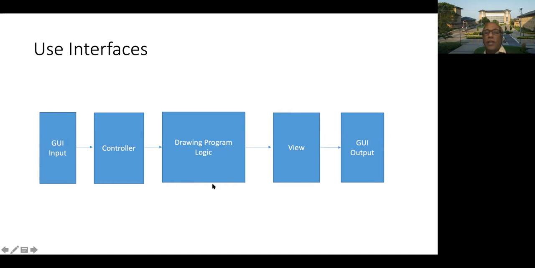And that would be part of the logic, right? Here you will have the model and stuff like that. And the view will take the model data and decide what to display. It will invoke some commands that will eventually result in the shapes being drawn.